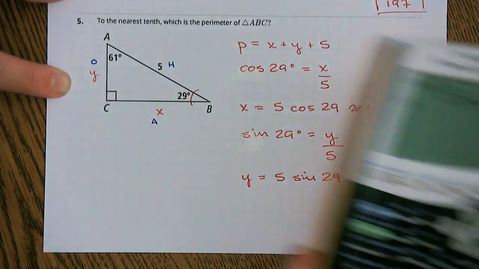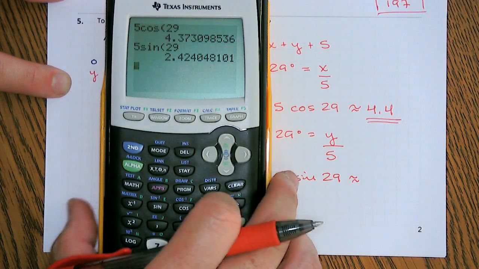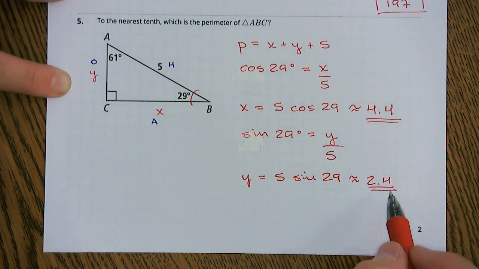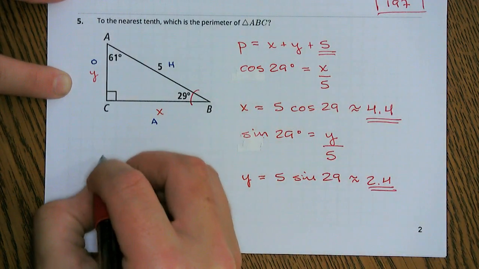And we're going to do a little bit of rounding there. So 5 sine 29 this time, we're looking at approximately 2.4. So we're going to use that, and that 5 there. Let's add that all together.